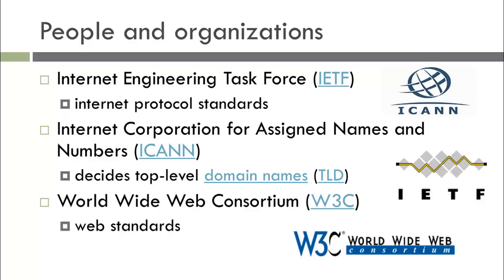Also, top level domain names are another controlling effect, and the organization ICANN decides who can create a .com or .net or .cn or .abc.